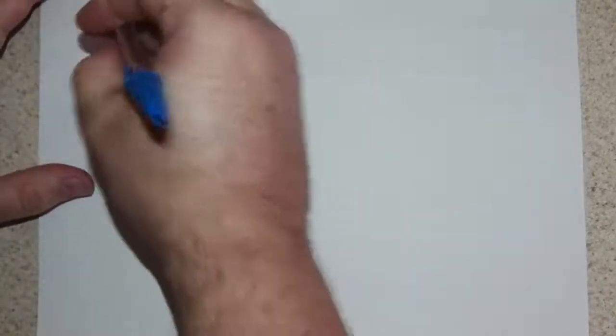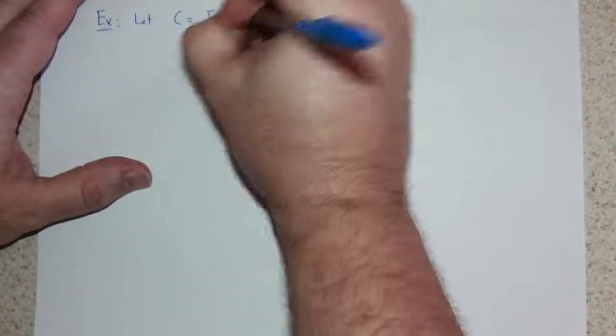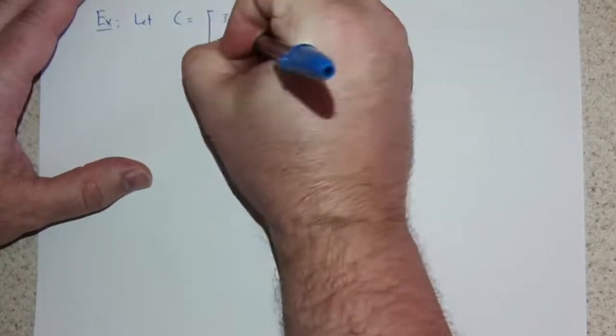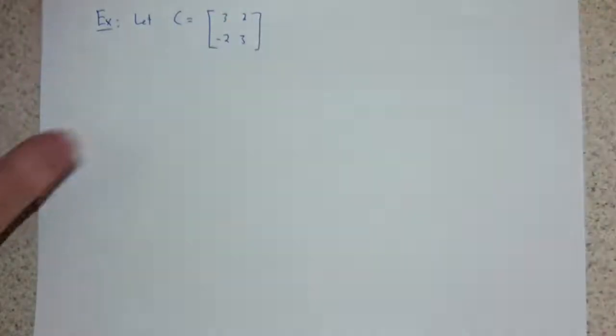Now, the next example is the following. Let C be this matrix from before. So here it is. It is 3, 2, minus 2, 3.